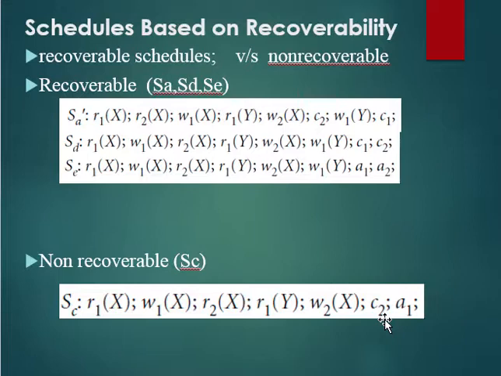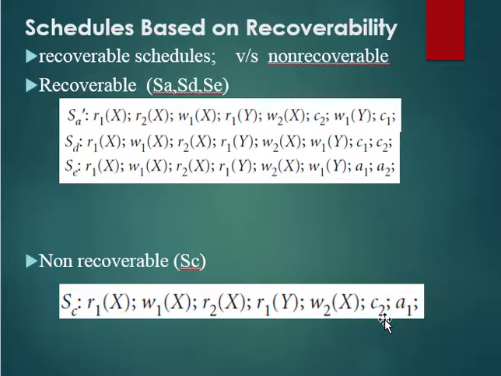So what is the problem? Why is this a problem? Because we are scheduling based on recoverability. Suppose after completing all these operations and doing some other operations, there is a crash in the system.